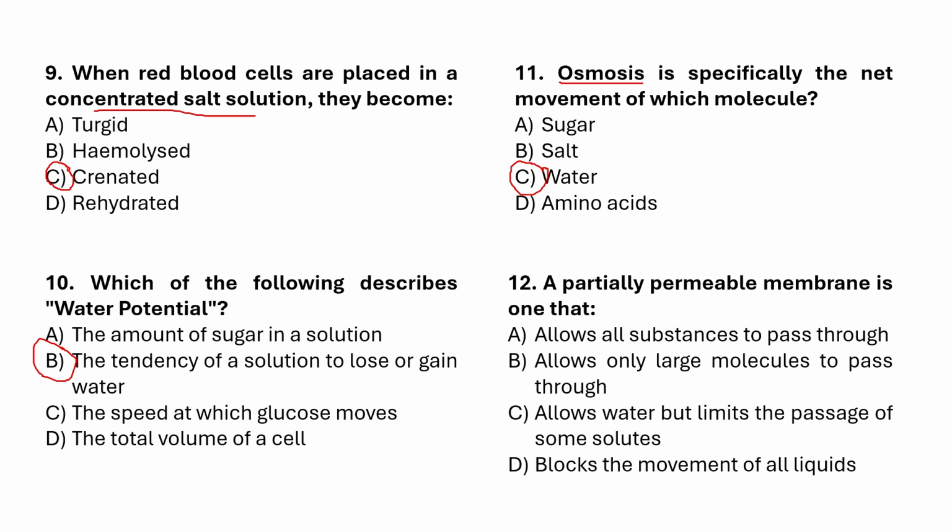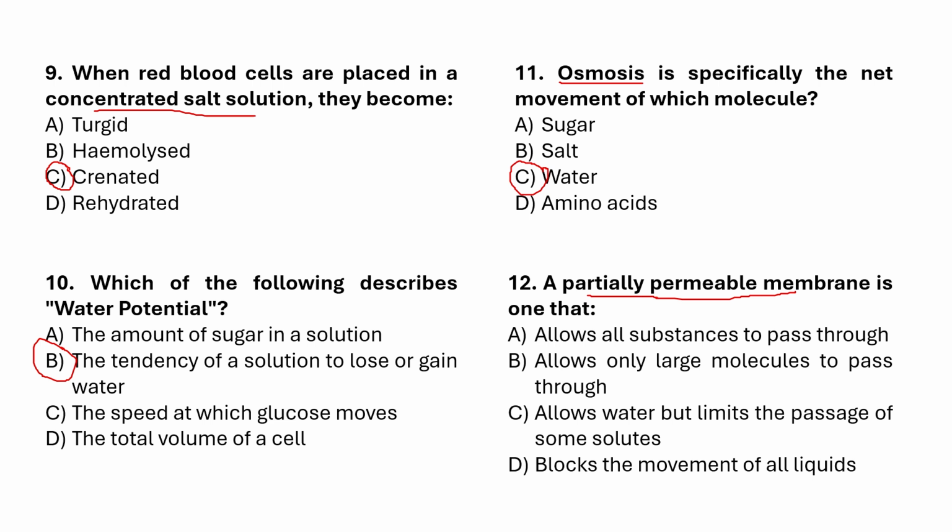The next one is, a partially permeable membrane is one that allows all substances to pass through, allows only large molecules to pass through, allows water but limits the passage of some solutes, or blocks the movement of all liquids. Definitely it does not allow all substances, because this is a partially permeable membrane.